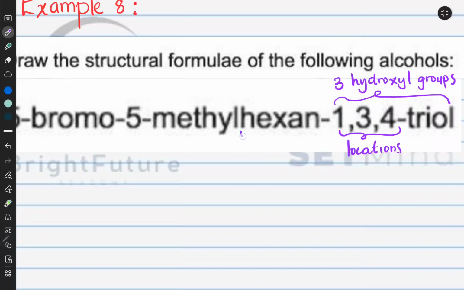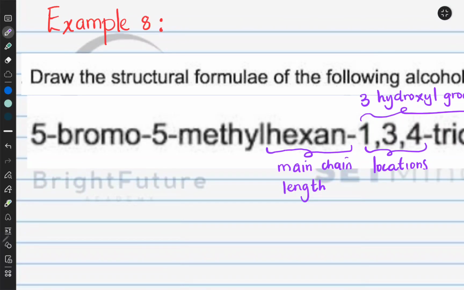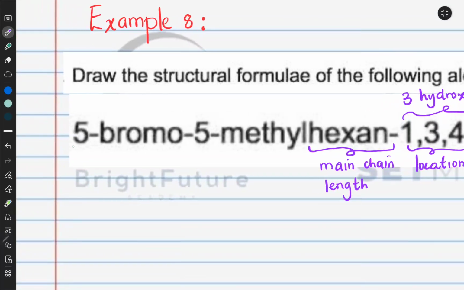And then this is the length of our parent chain. And then the rest is the same. Location of bromine, and then this one would be the location of the methyl.